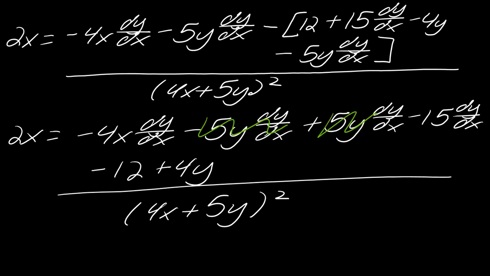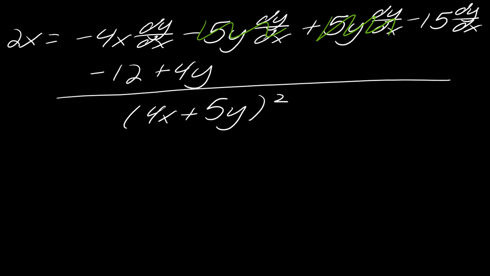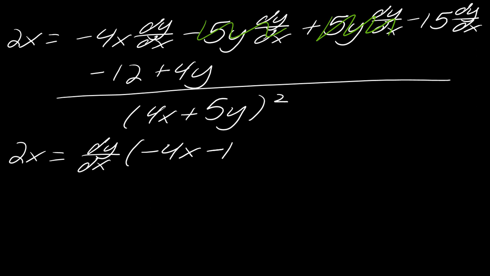Those will fall out. And making a little more space again, this will now come out to 2x equals, and I'm going to factor out dy/dx here. So -4x minus 15 minus 12 plus 4y.